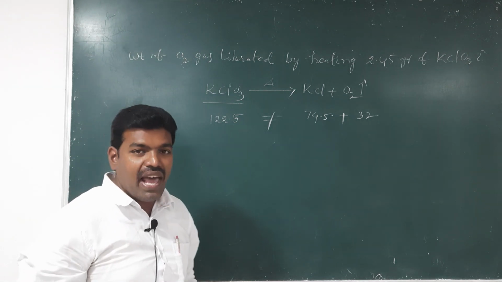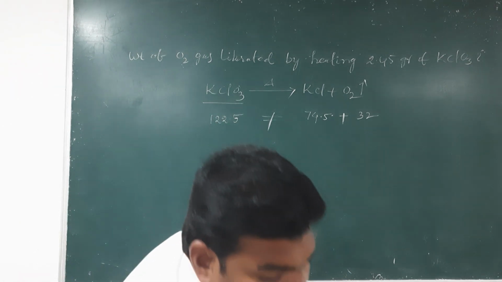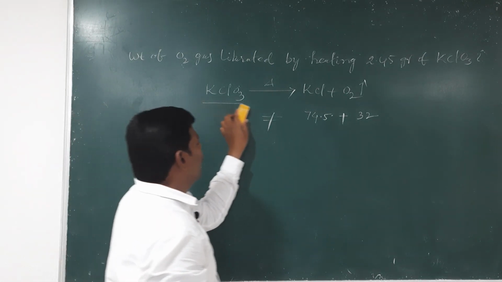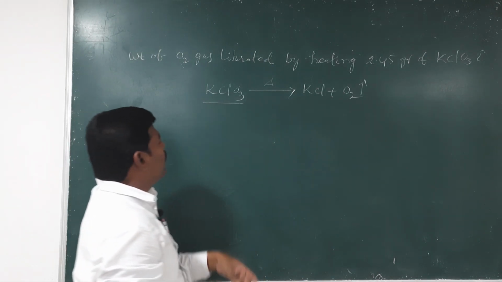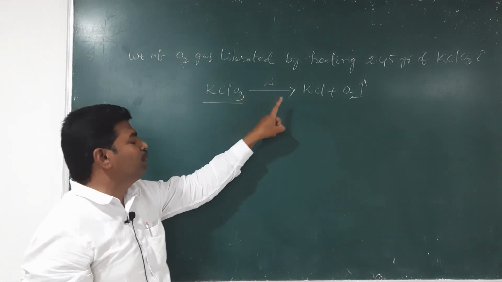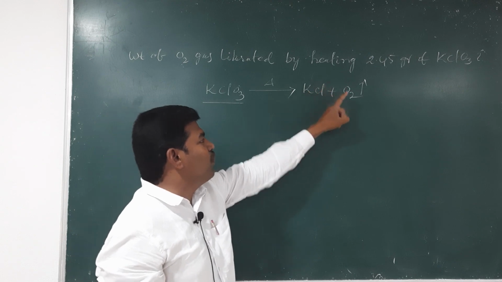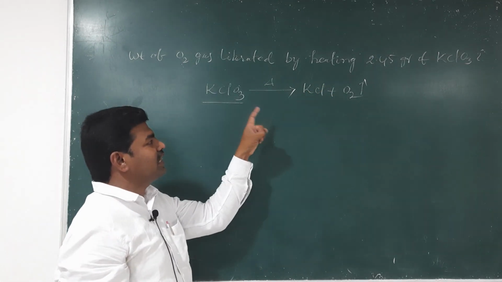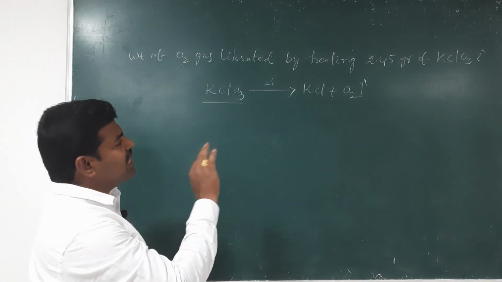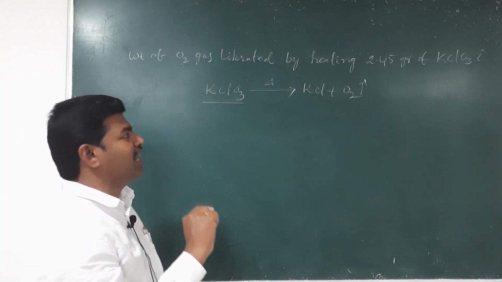We can balance the chemical reaction by trial and error method. Here 1 mole of potassium chlorate dissociates into KCl plus O2, but this reaction is not balanced.